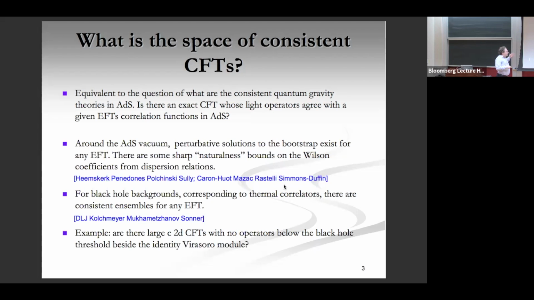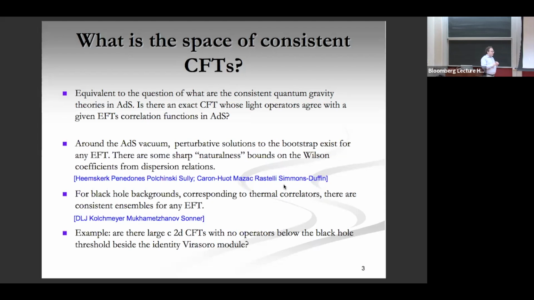And maybe a simple example to keep in mind, especially relevant in what I'll tell you about this morning, is the question of, is pure 3D gravity in the swampland or in the landscape? So in other words, are there large c 2D CFTs with no operators below the black hole threshold other than the identity Virasoro module?